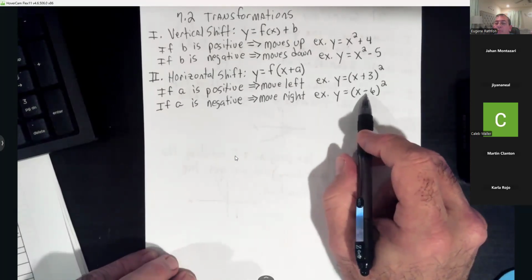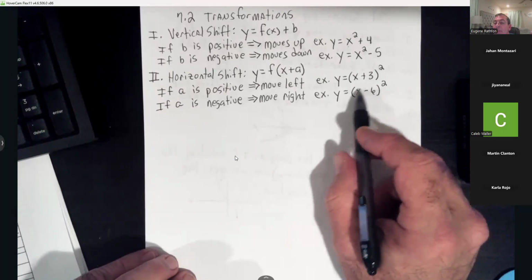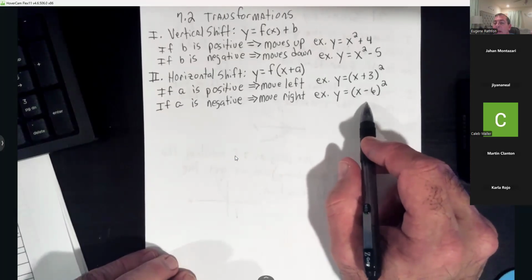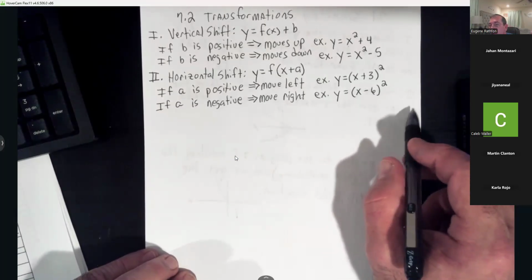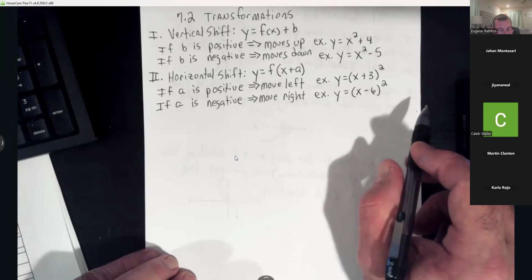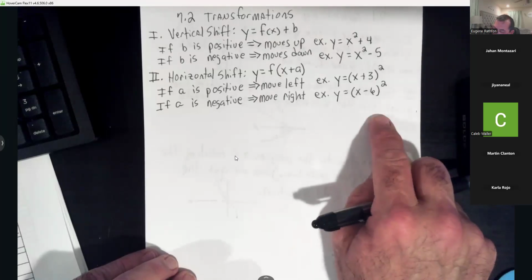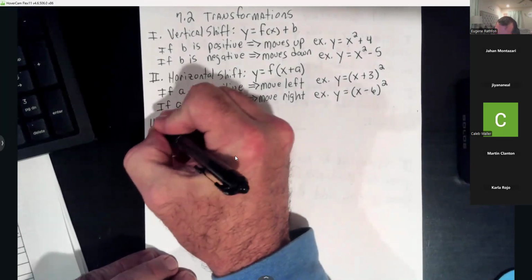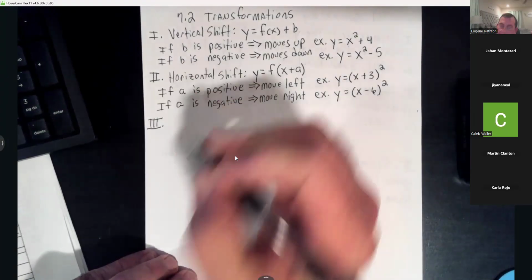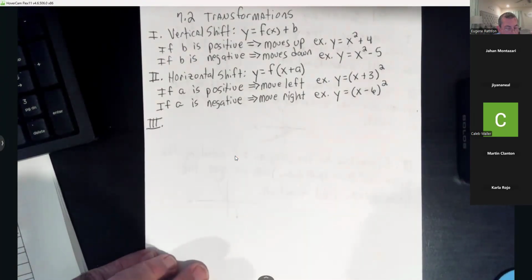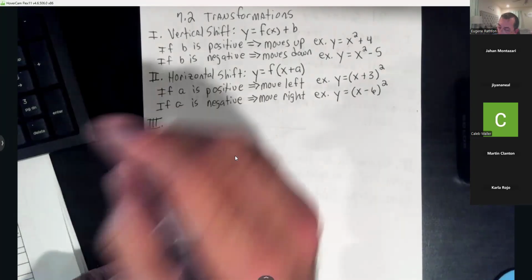So this, subtracting 6 from my x on this one, would move my graph 6 units to the right. All right, y'all, the last move is a reflection over the x-axis.